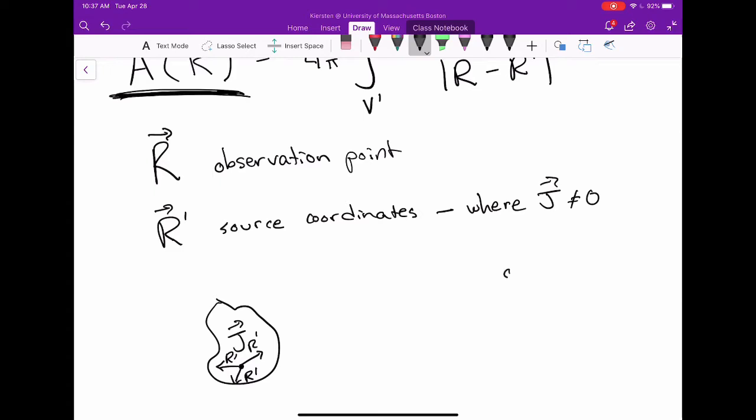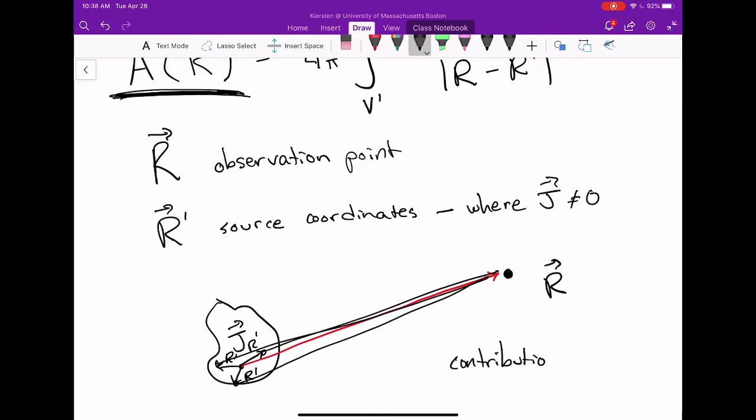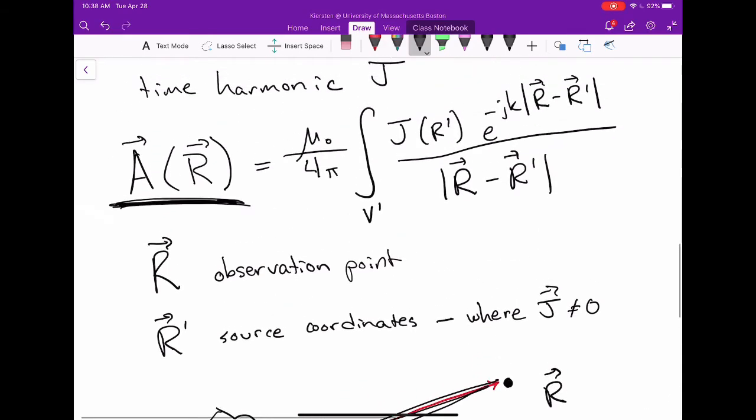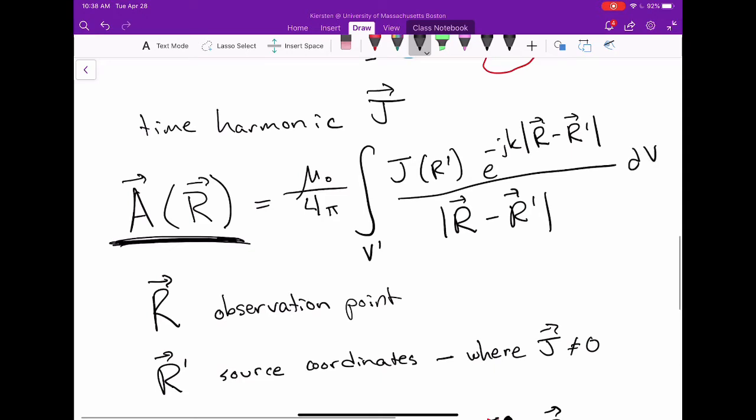And then, if we want to know the field at some observation point r, all of these different values of r prime will have contributions that add together to the total field at r. So we do this integral over all the possible values of r prime. Whoops, I forgot that dV there.